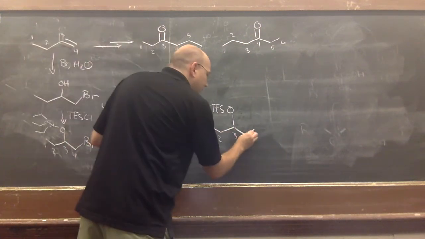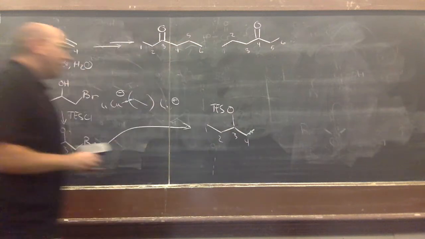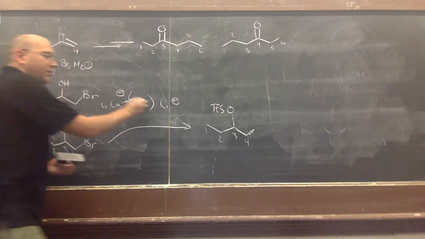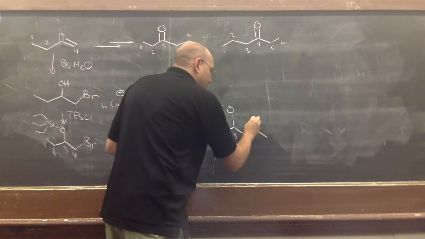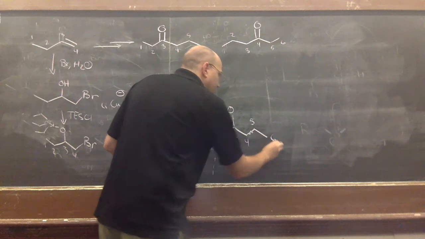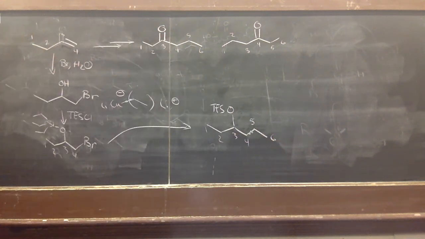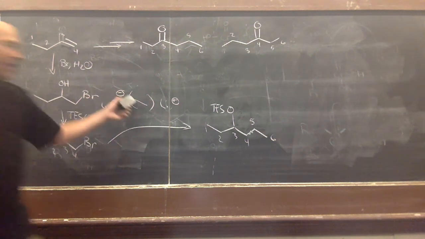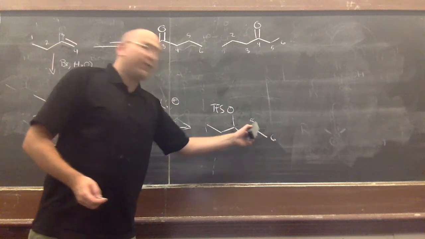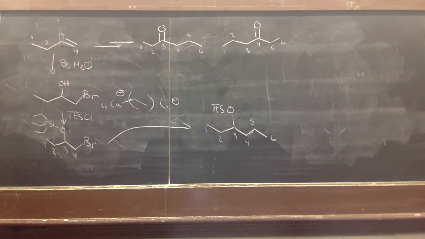That's going to be this bond. And then you have 1 carbon, 2 carbons. You can double check your answer by counting the carbons, 1, 2, 3, 4, 5, 6, and see that we do indeed have it right.